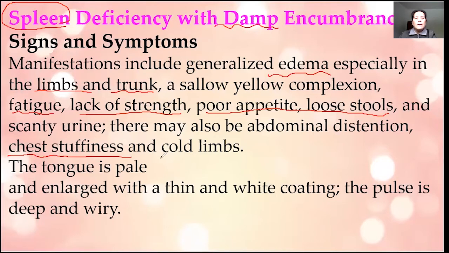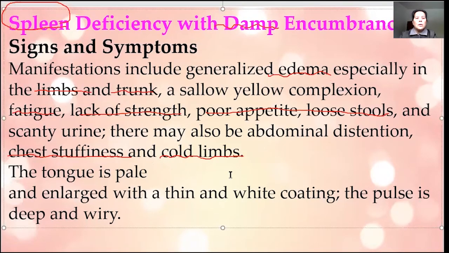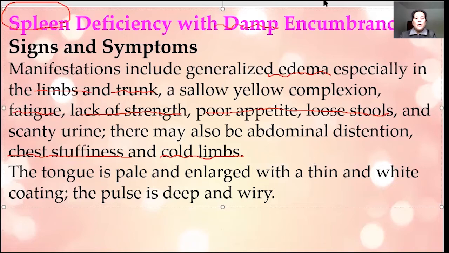In severe cases, qi deficiency leading to yang deficiency can cause cold limbs. The tongue is still pale and swollen there. The pulse is basically a deeper pulse, which means internal disorder.